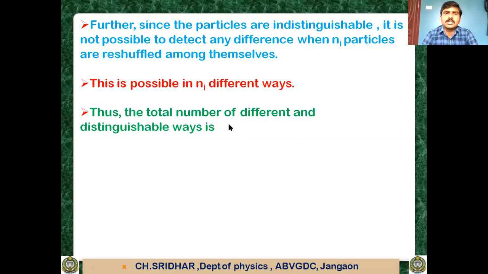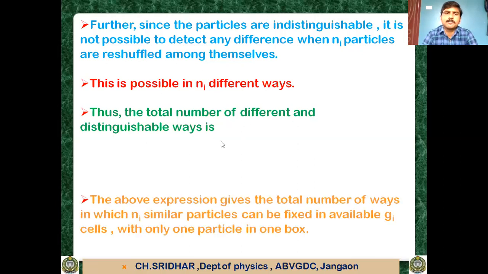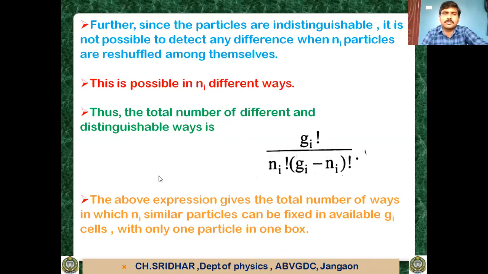Thus the total number of different and distinguishable ways is Gi factorial by Ni factorial into Gi minus Ni factorial. So the above expression gives the total number of ways in which Ni similar particles can be placed in the available Gi cells with only one particle in one box.